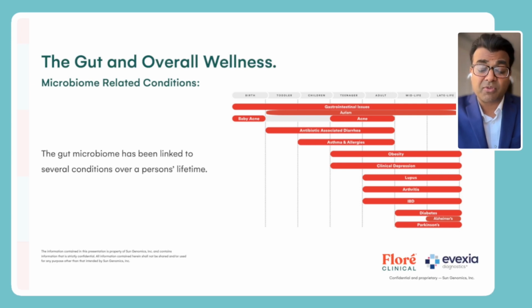We're finding more and more science related to obesity and metabolic health, the gut-brain axis with depression and autism. We're seeing so many more new indications even come out recently, indications related to Alzheimer's, Parkinson's, diabetes management, and of course, general IBS and IBD.